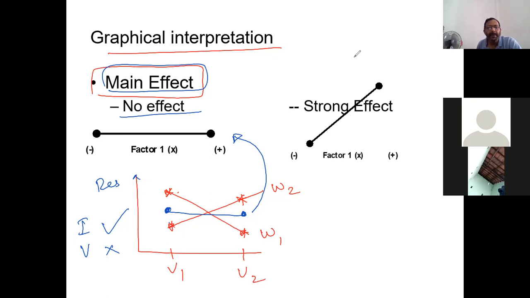So what is the average between here? It is very difficult to get the response of the average between W1 and W2. What is the response between W1 and W2? I will use another color. What is the response between W1 and W2? Average of W1 and W2.